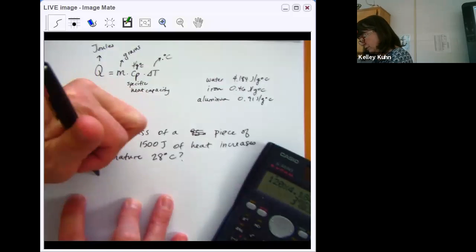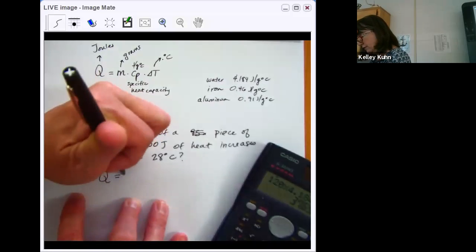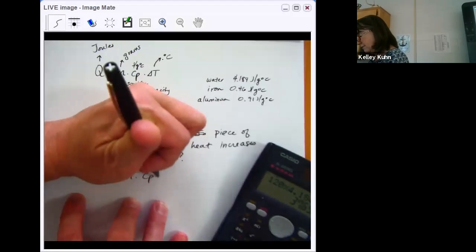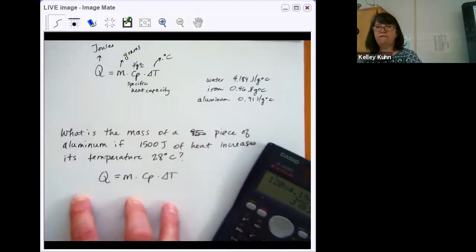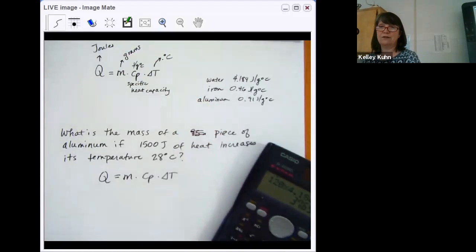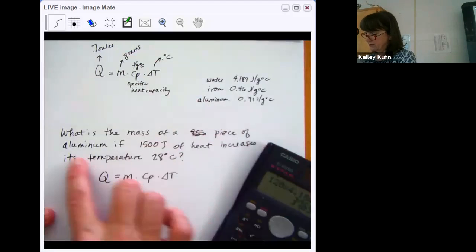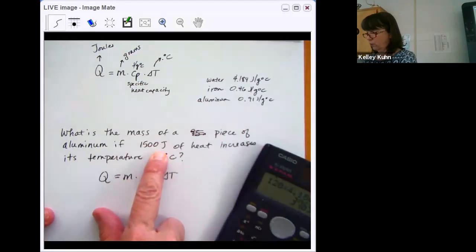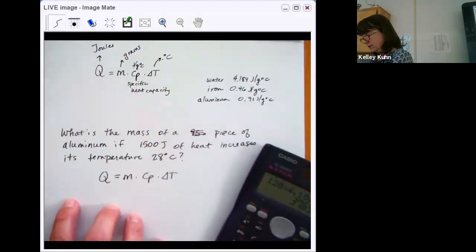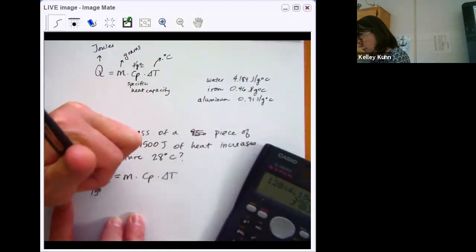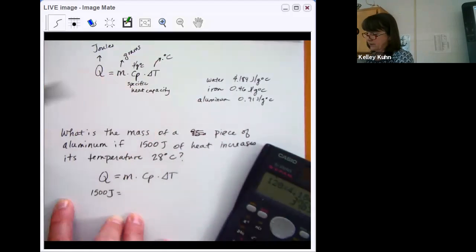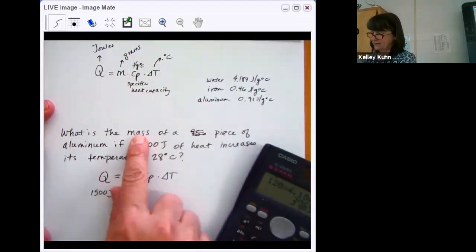So remember, we always want to start out with our formula, Q equals M times CP times delta T. And then we're going to find our values in the problem and decide where to put them. So the first number we come to is 1,500 joules. Well, where do joules go? In Q. So I'm going to put the 1,500 joules on this side of my equals. Mass, what is the mass?